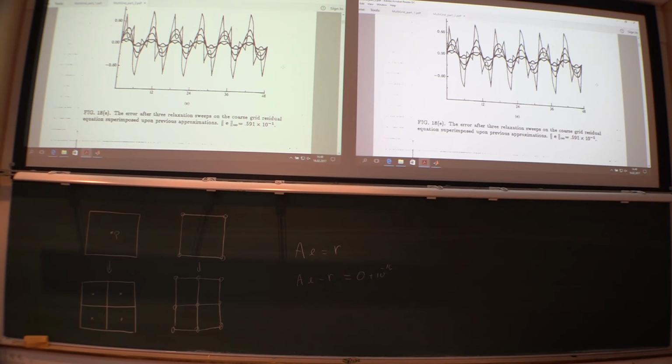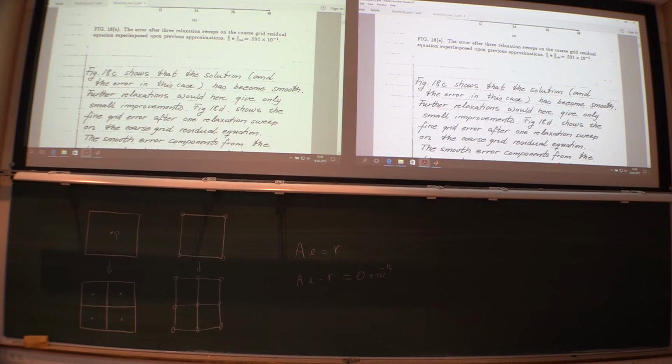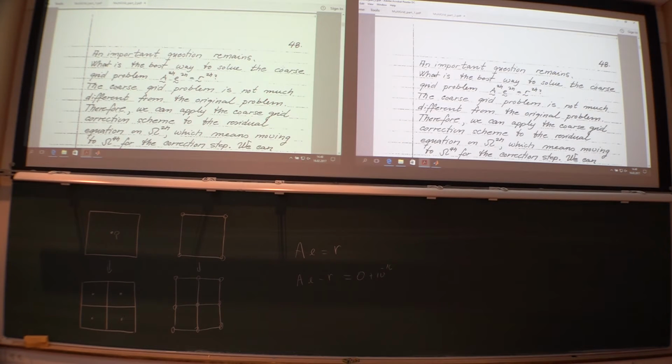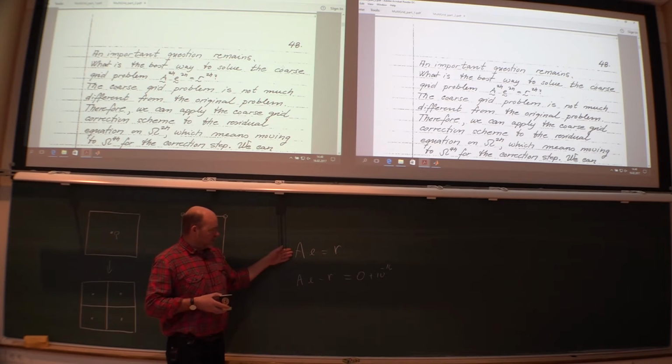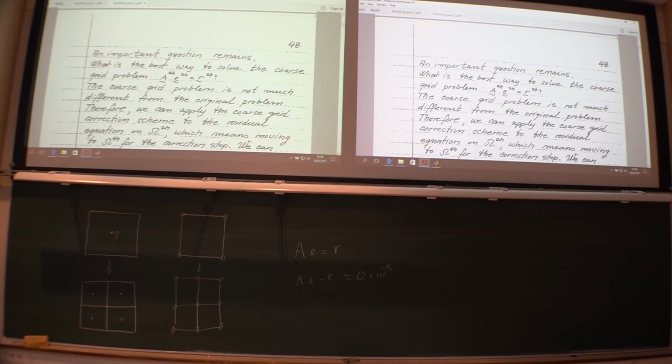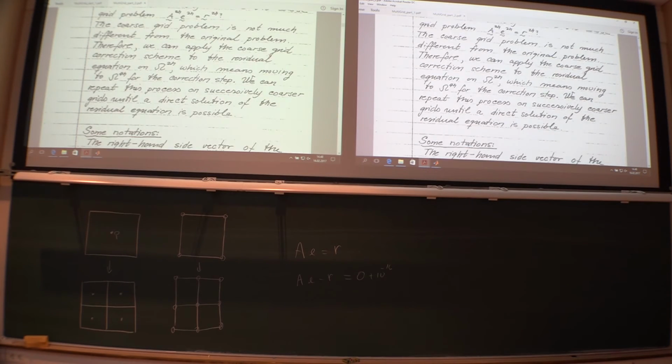But it only shows you here the fine mesh solution all the time. And the problem is, of course, that on the coarse mesh you will be operating on the residual equation. It's only on the fine mesh that you have physical quantities, the real numbers that you want. So you can't really plot them in the same way.